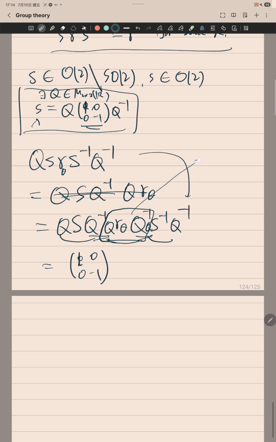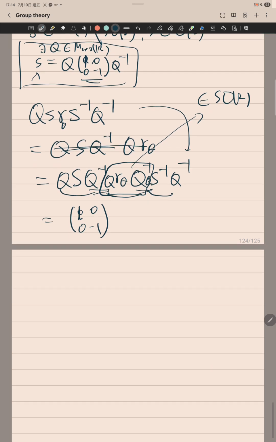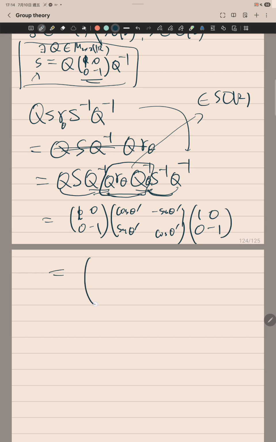is something in SO2, because if you take determinants, these two determinants will cancel each other. So R theta is still some rotation, right? So it must be some rotation: cosine theta prime, sine theta prime, minus sine theta prime, cosine theta prime. And then for these guys, the computation shows that this is cosine minus theta prime.